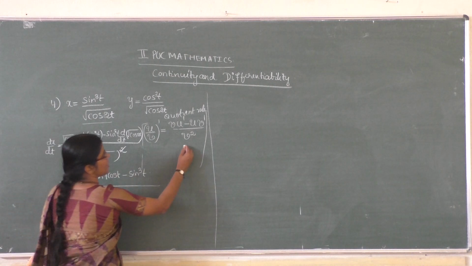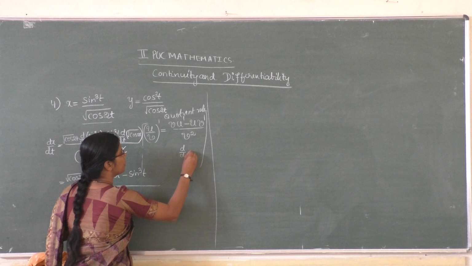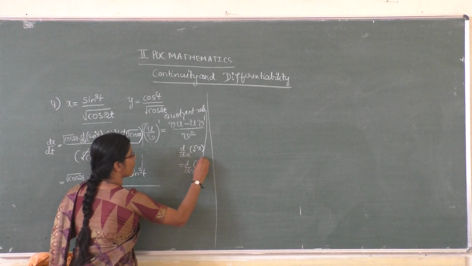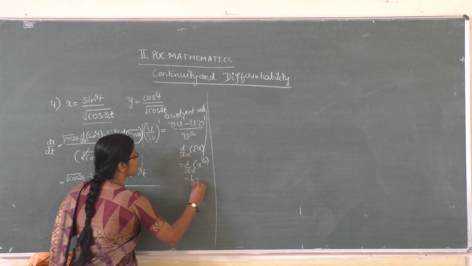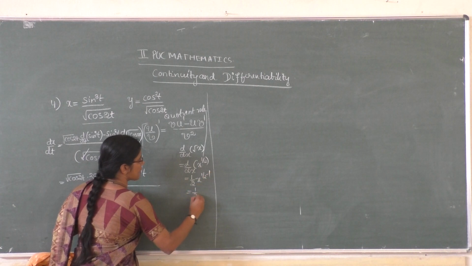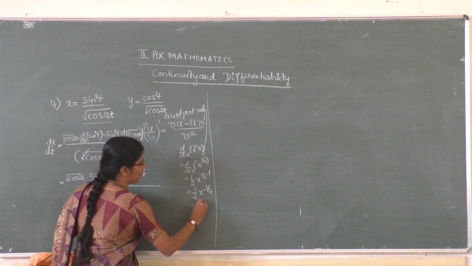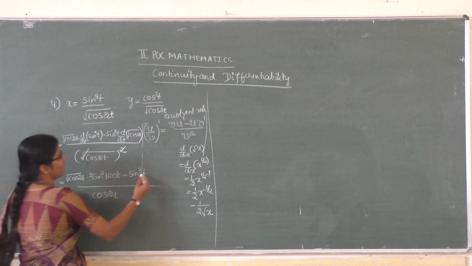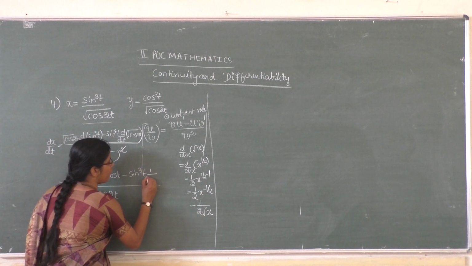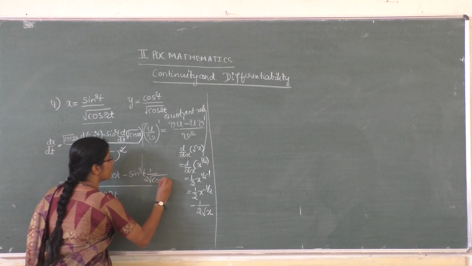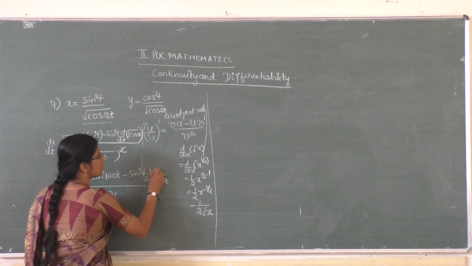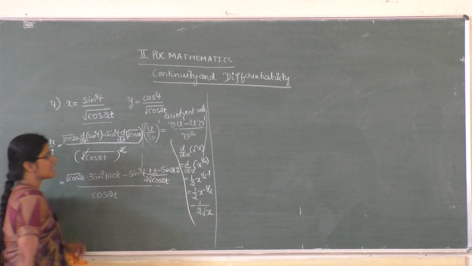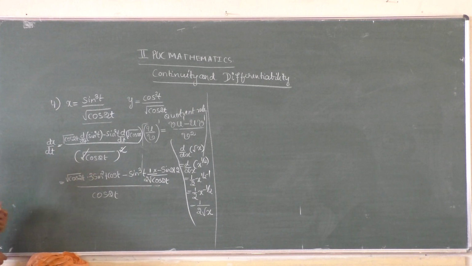So we have root x, suppose we have derivative of root x, that is nothing but derivative of x to the power half, that is half into x to the power half minus 1, that is half into x to the power minus half. So 1 by 2 root of x. Okay, so sine cube t, that is 1 by, here root cos 2t, 1 by 2 root cos 2t, then derivative of cos 2t, that is minus sine 2t into 2. Okay, so this is how we get the derivative.